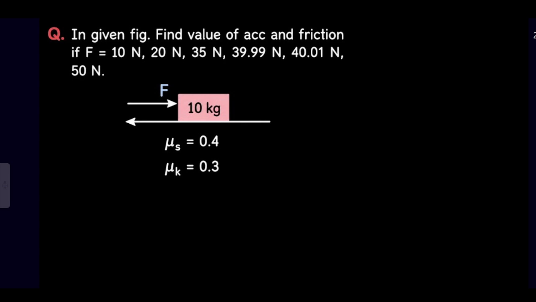If in some problem they give only one value, simply the coefficient of friction equal to something, then mu s and mu k are both taken as equal. But practically those values are never equal. When these two values are given separately, you have to be very careful.